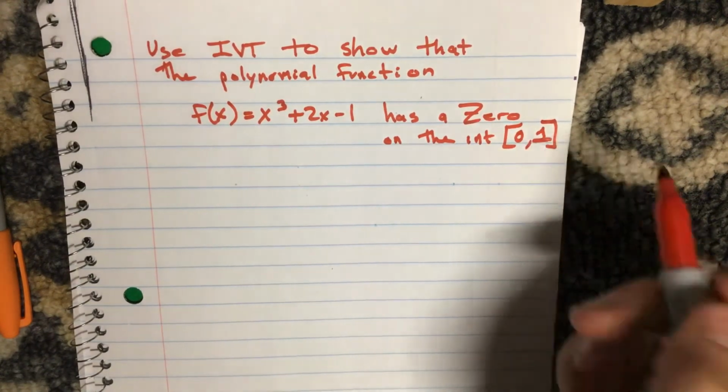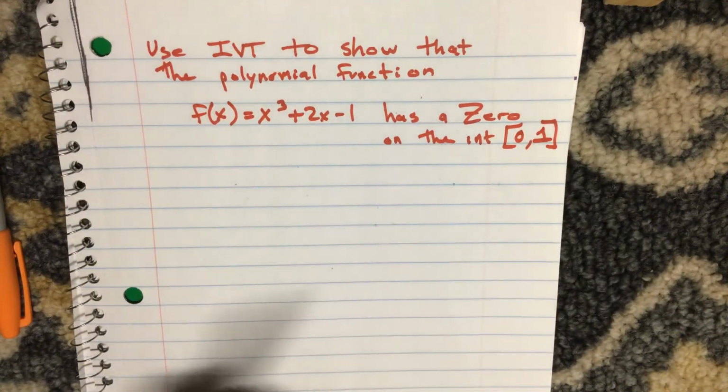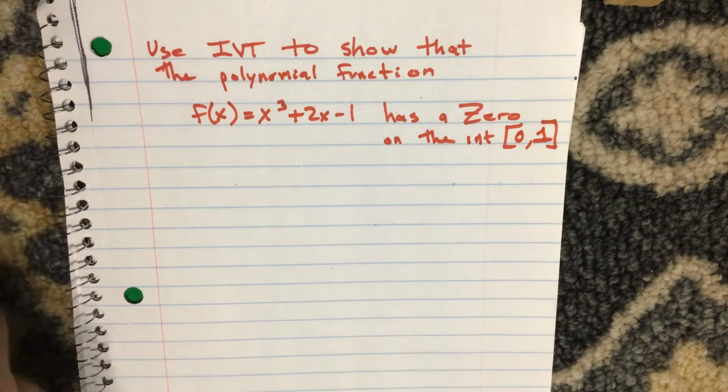So somewhere on that interval there's a zero, meaning it crosses the x-axis. That's what we mean by a zero.